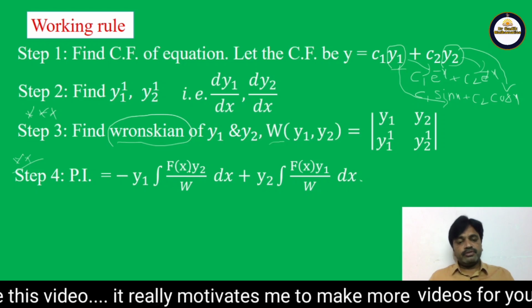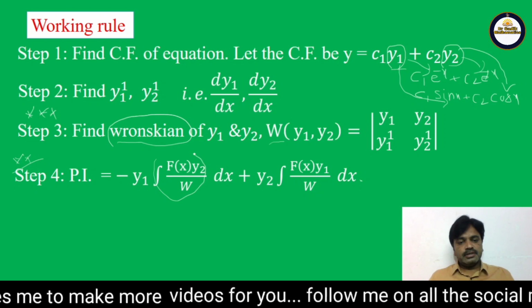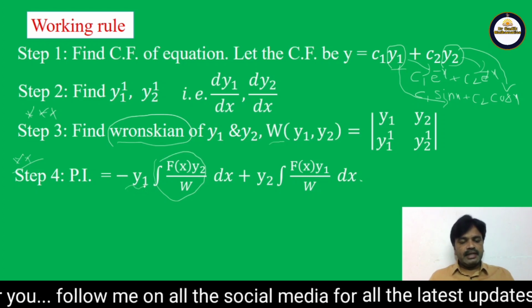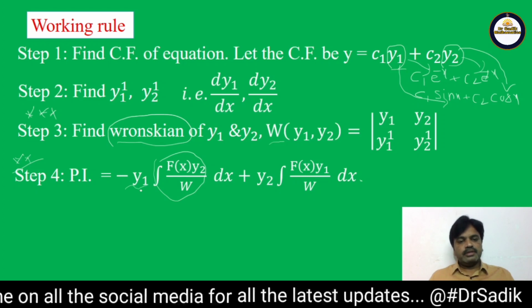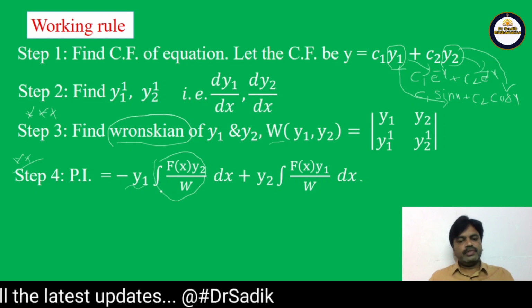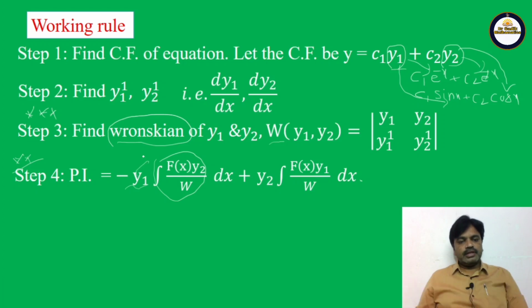Please remember, we evaluate only the integration. The y1 is outside of the integration; you write it as it is whenever you solve the problem. You don't touch this y1 or take it inside, friends. It is wrong. Please remember.